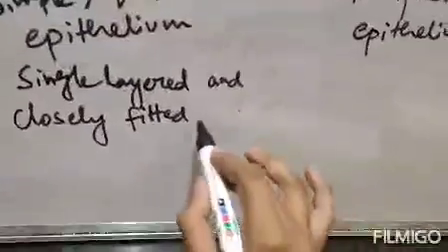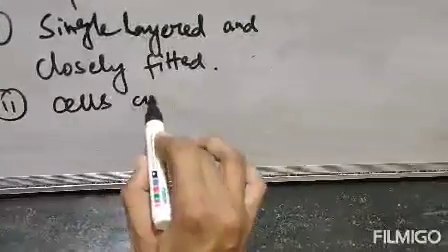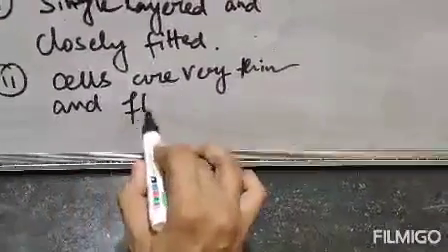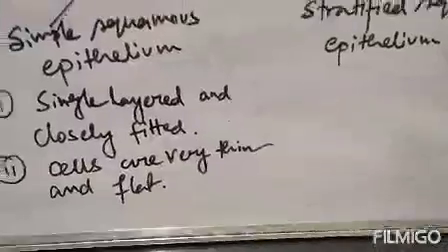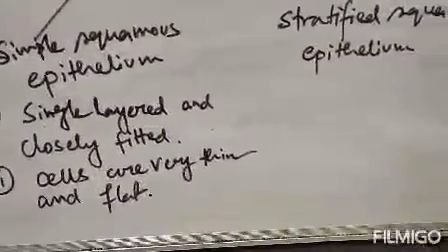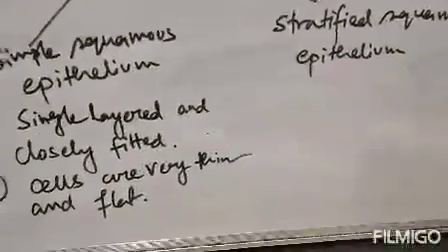Number two, the cells are very thin and flat, and it also covers the oesophagus and the lining of our mouth.